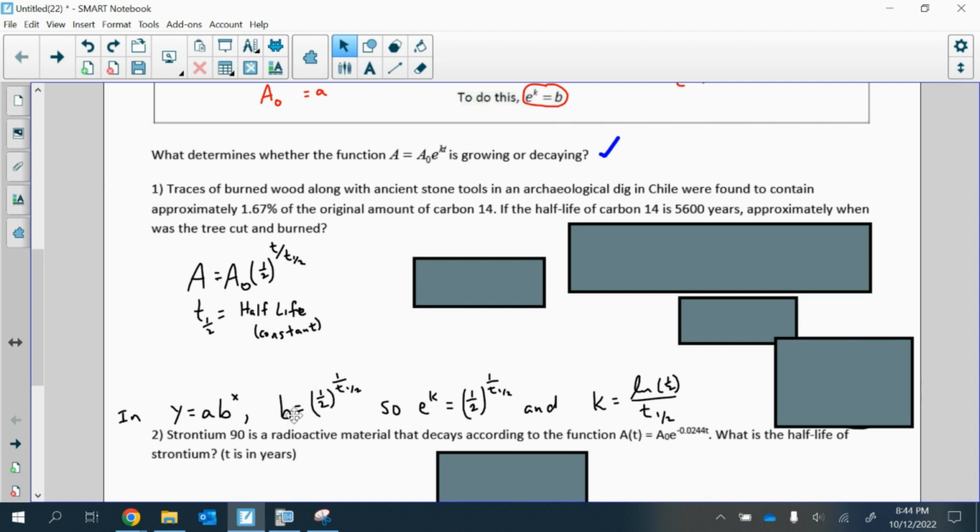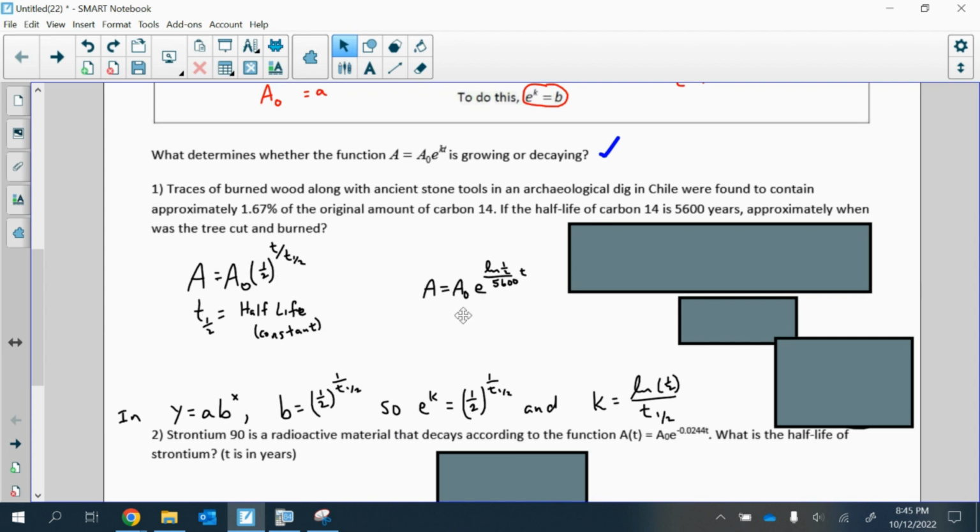So, since b equals e to the k, I can solve for k and get this into the e format. And so I can rewrite this as a equals a sub 0 times e to the natural log of 1/2 over 5,600 t. So this is all the exponent. So notice I just did a little calculation and I could rewrite it with a base of e.